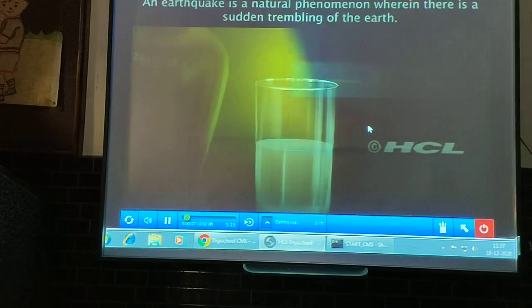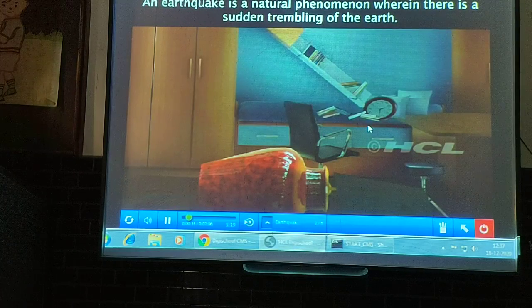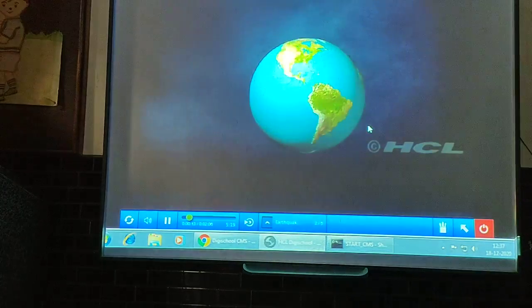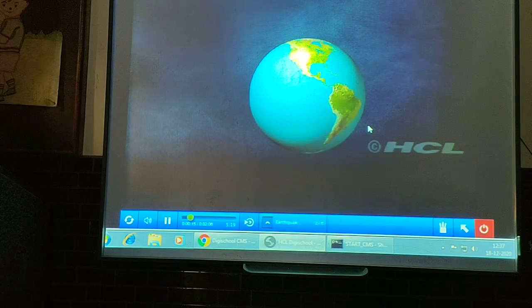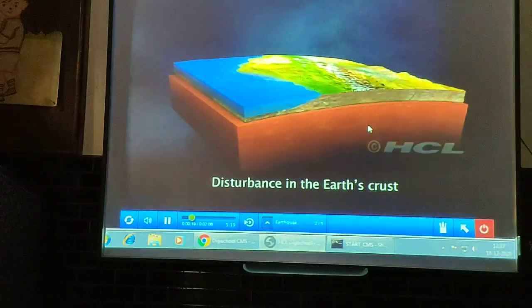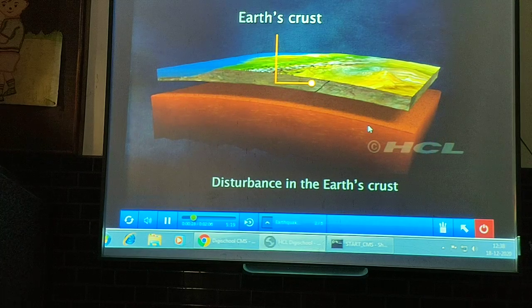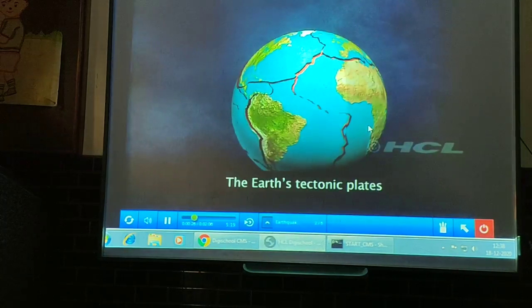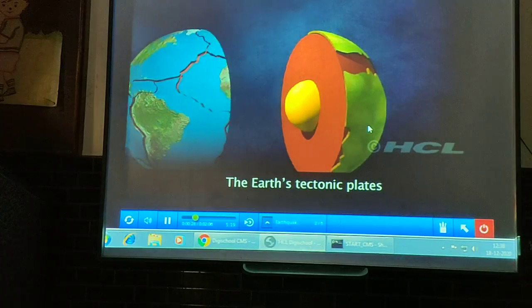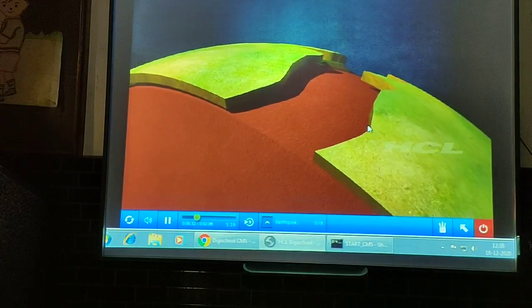An earthquake is a natural disaster wherein there is a sudden trembling of the earth. An earthquake occurs when there is a disturbance in the earth's crust. The earth's crust is divided into tectonic plates. These plates move continuously.